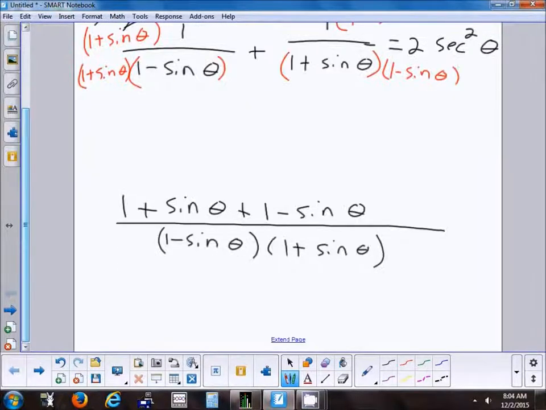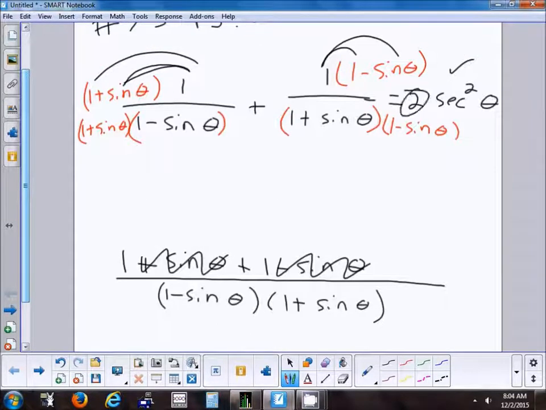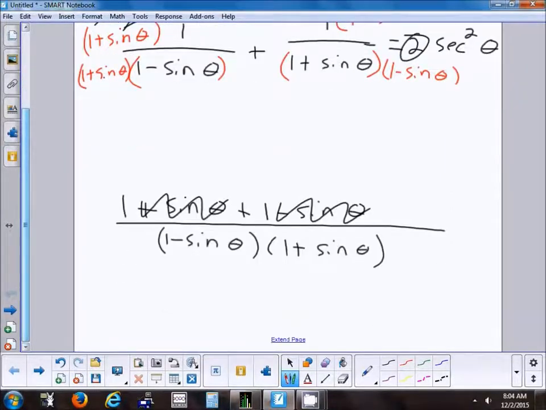So now we have a plus sine theta and a minus sine theta. Those cancel out. In the top, we just have a 2. That 2 is probably going to be related to that 2 right there somehow. All right, let's keep going and see what happens.